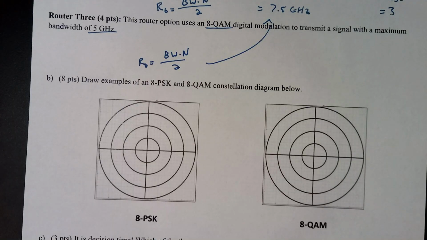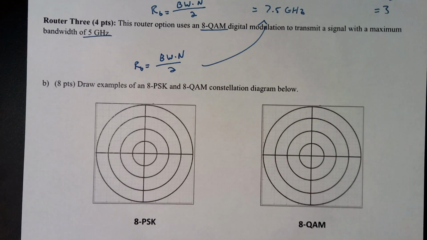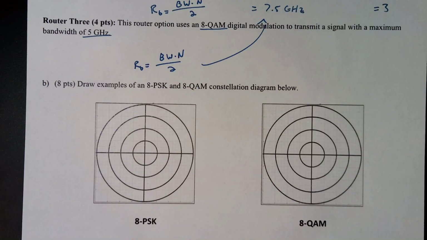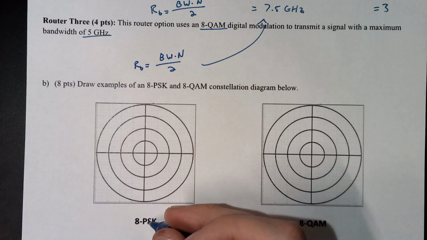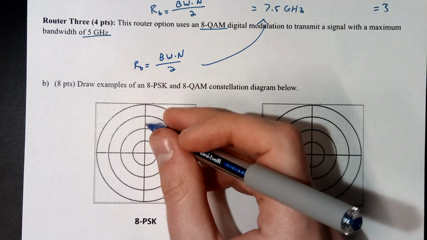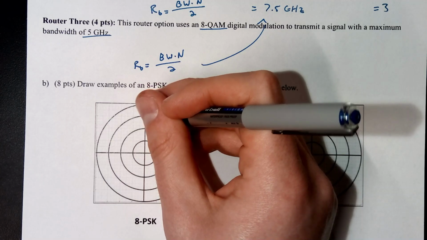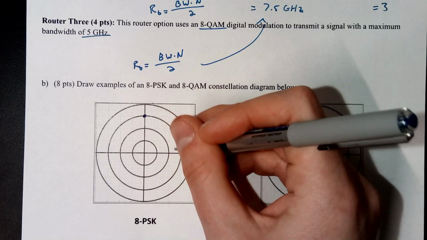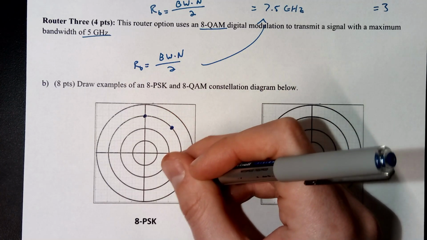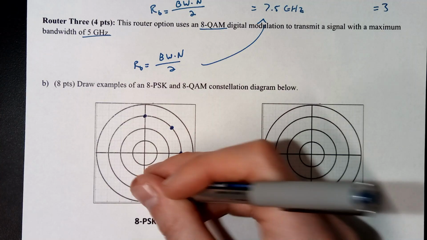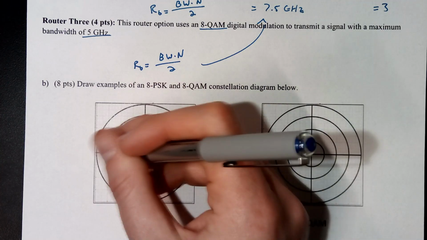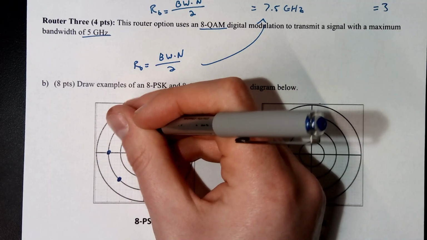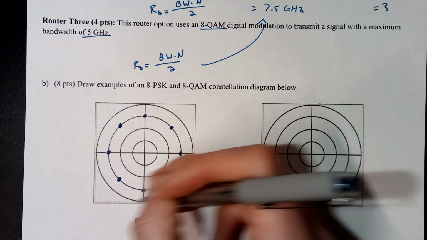Next up, part B, we have draw examples of 8 PSK and 8 QAM constellation diagrams. So 8 PSK means we're all on the same amplitude but at 8 different phases. We can start with basically drawing circles, showing the different phases we would be at, different angles as we go around the circle, but all on the same amplitude line.